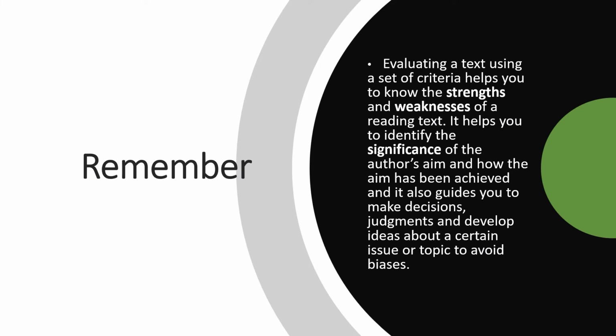Remember, evaluating a text using a set of criteria helps you to know the strengths and weaknesses of a reading text. It helps you to identify the significance of the author's aim and how the aim has been achieved, and it also guides you to make decisions, judgments, and develop ideas about a certain issue or topic to avoid biases.